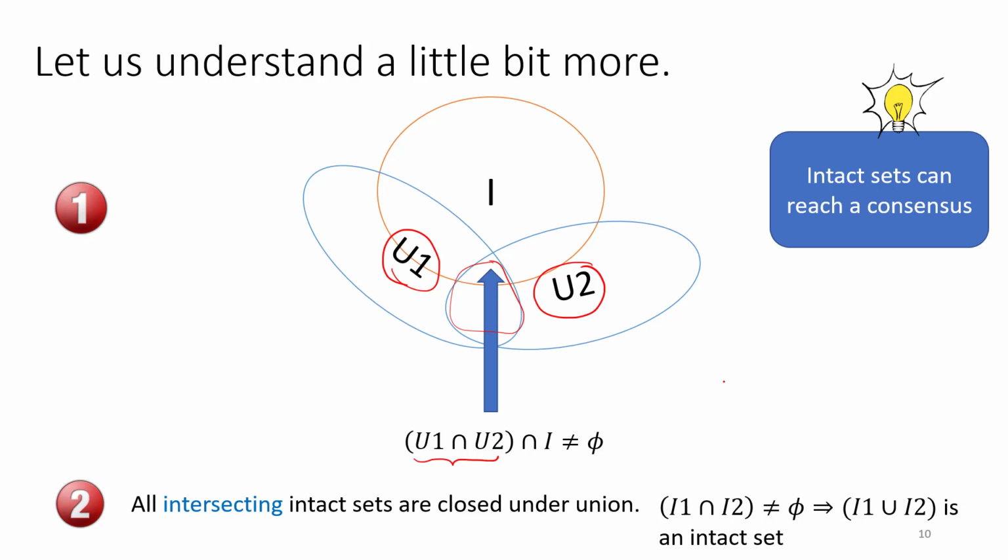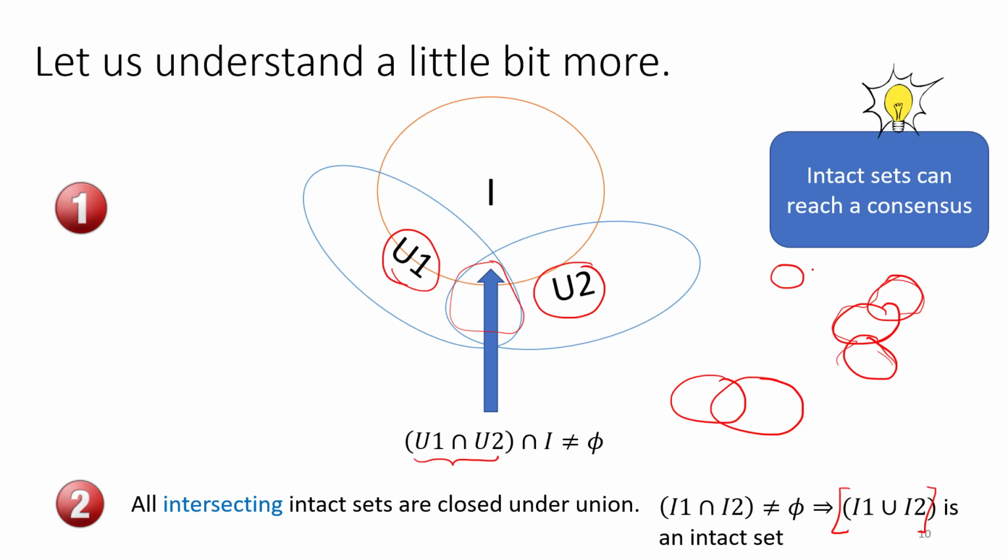Furthermore, if I take two intact sets, for instance, this is one intact set, this is one more intact set, and let's say that they are intersecting, so they are not separate, then they are closed under union, which basically means that if there is a common node between them, then the union of intact sets is also an intact set. So this basically means that in any kind of a network, unless a node is totally disconnected, if we have intact sets of this type, then essentially all of this is an intact set and all of this can reach a consensus.